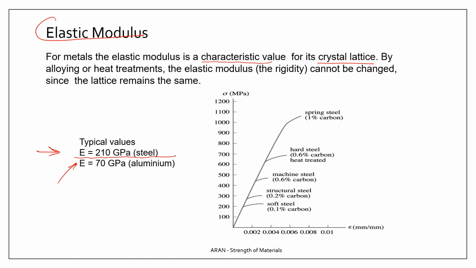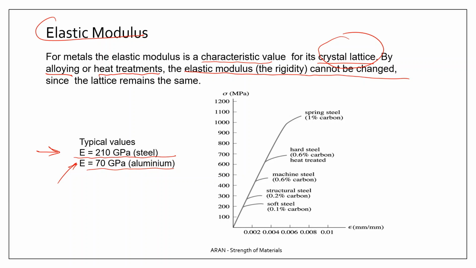Aluminum and its alloys have an elastic modulus of 70 gigapascals. By alloying or by other treatments like heat treatments, you cannot change the structure of the crystal lattice, so the elastic modulus cannot be changed.